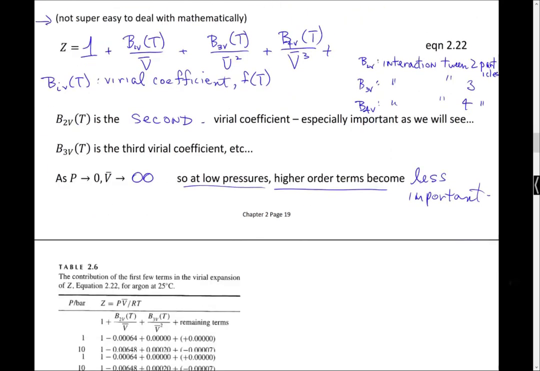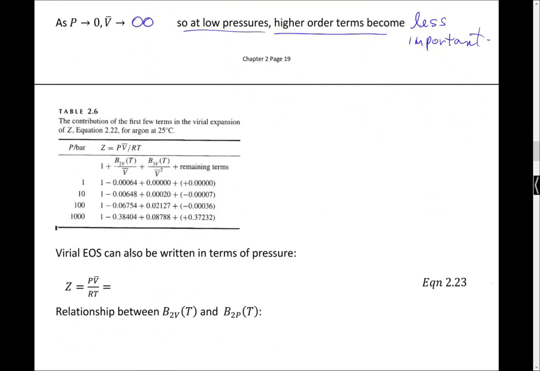Okay? All right, well, let's take a moment to just look at what the compressibility factor looks like for a given gas for a few different pressure ranges, right? So specifically, we're looking at argon. We're looking at argon when it's around room temperature, 25 degrees C, right?